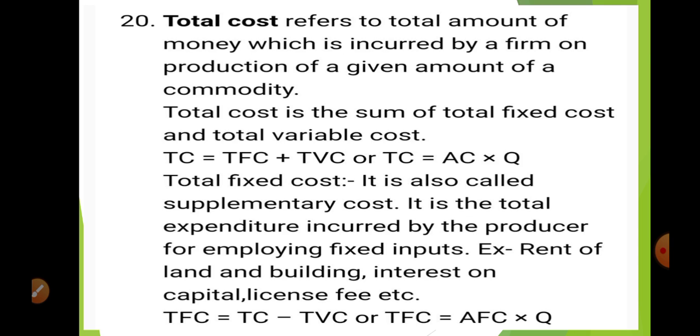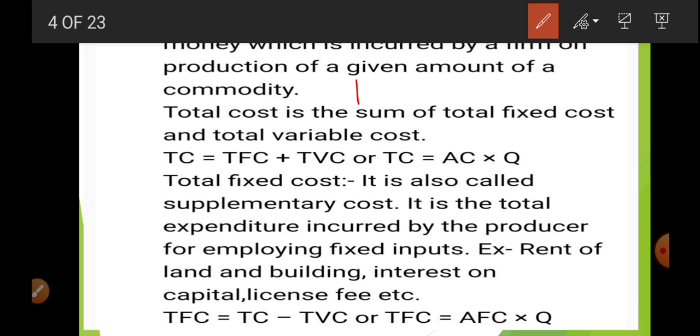Now, total cost. What do you mean by total cost? Total cost refers to the total amount of money incurred by a firm on the production of a given amount of commodity. Suppose a producer is producing X good, and he is using factors of production and raw material. For factors of production he is making a payment of 50 rupees, and for the raw material 20 rupees.